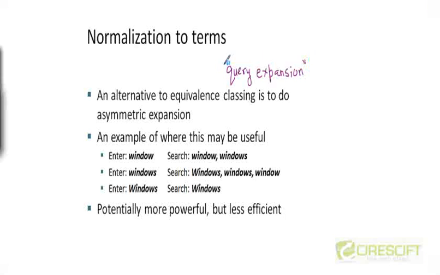So in this particular way of normalization, what you will do is you will take every token that the tokenizer emits and you will add it as it is as a separate term in the dictionary of the index. So you don't do any normalization, you just add those tokens as separate terms in the dictionary.